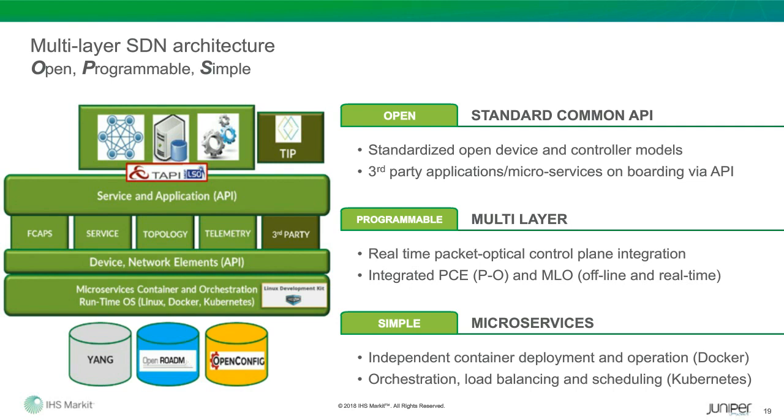Simplification of the software infrastructure via a microservices architecture, with deployment of these microservices in independent containers, and the simplified operation will provide the scale-out that network operators require at no anticipated cost in terms of software infrastructure. Via Kubernetes environment orchestration, load balancing and scheduling will provide a simplified operational model for the controller.